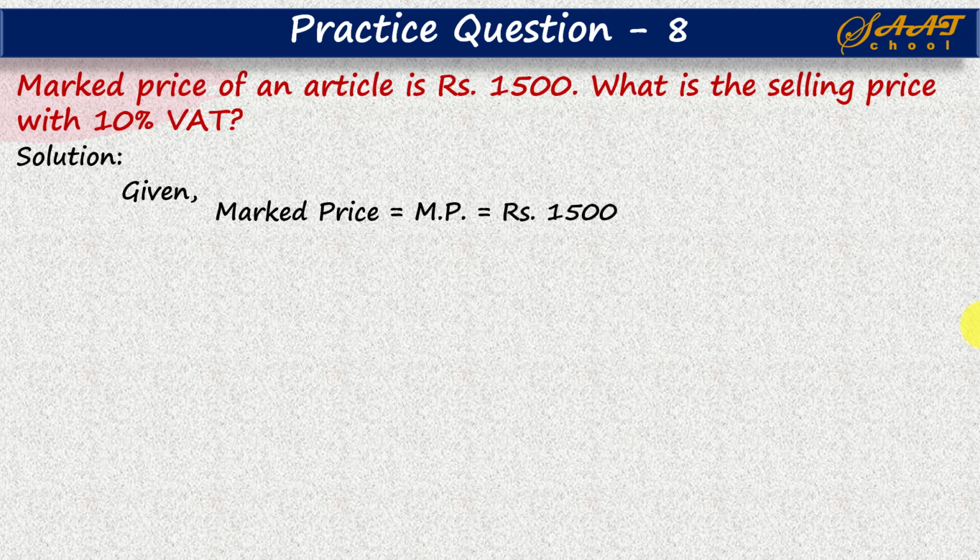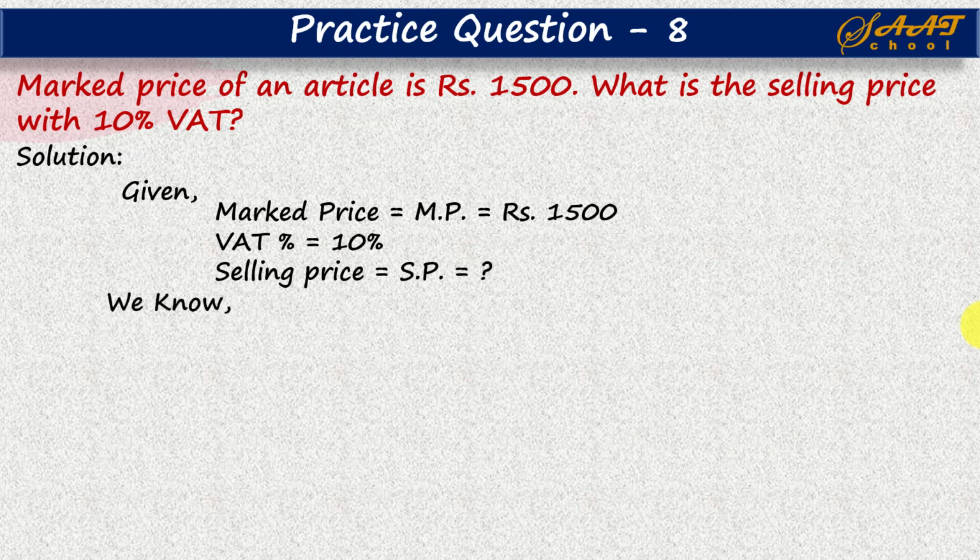So we calculate rate of VAT on mark price if discount is not given. Mark price is given, which is 1500, and we have rate of VAT, which is 10%. Now to calculate selling price, we have a relation where selling price equals MP plus VAT percent of MP.